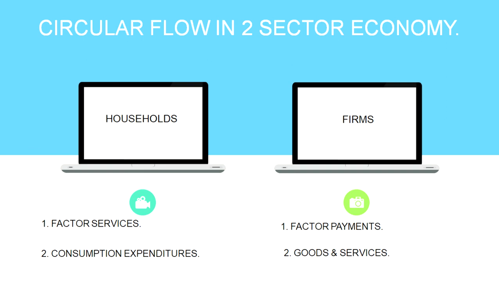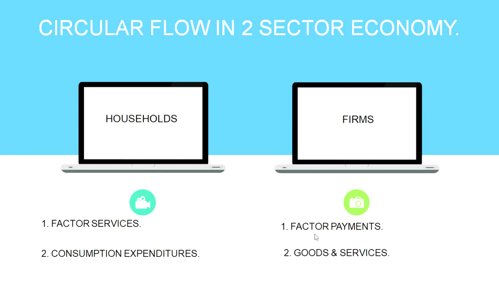Now, when they give factor services, the firms use the services to produce different goods and services. After producing goods and services, they have to give factor payments to these households for the services rendered. What are factor payments?